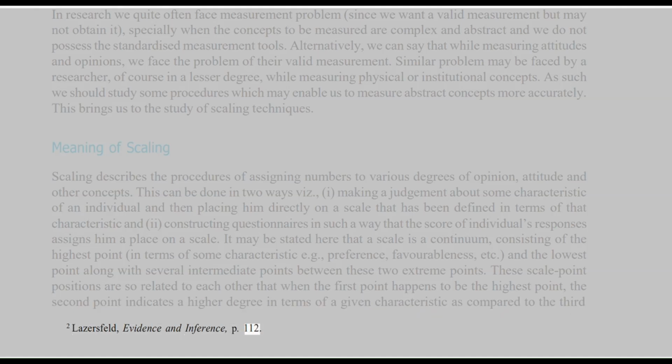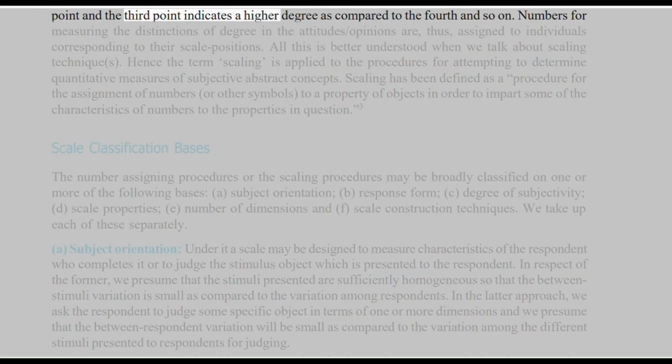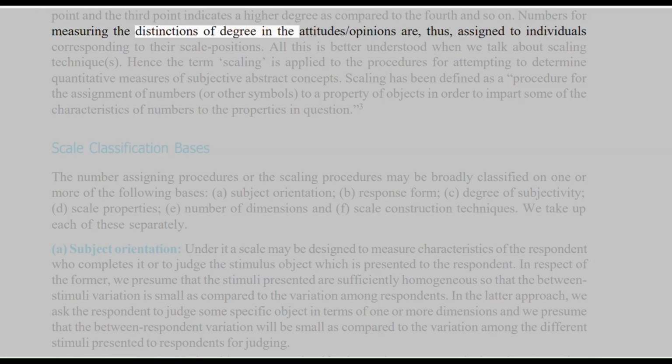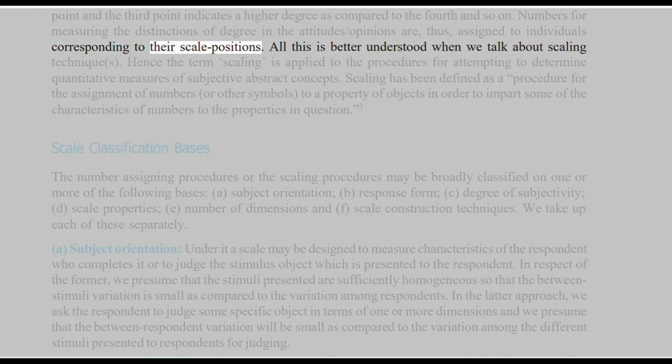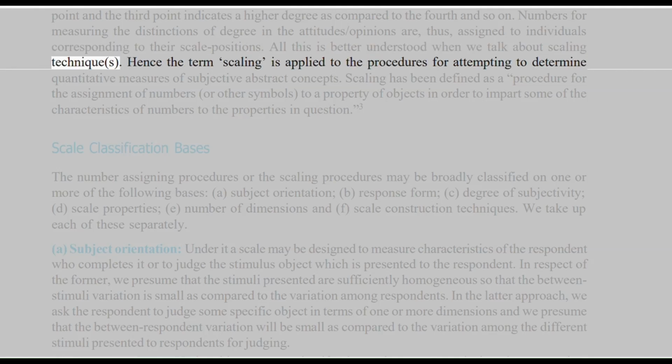and the third point indicates a higher degree as compared to the fourth, and so on. Numbers for measuring the distinctions of degree in the attitudes and opinions are thus assigned to individuals corresponding to their scale positions. All this is better understood when we talk about scaling techniques.